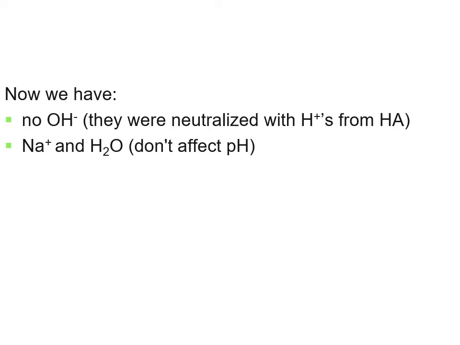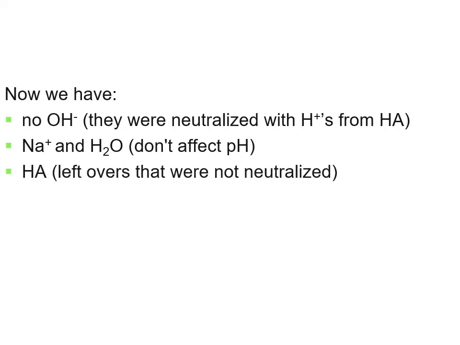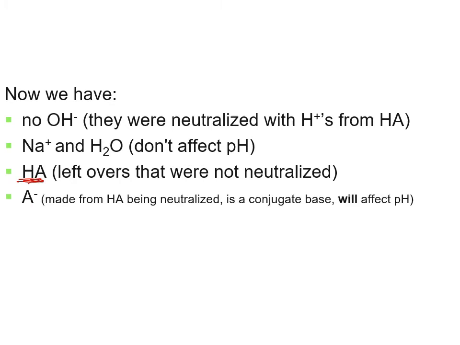We've got water in there, and that's not going to change the pH. The leftover acid, we started off with a certain amount. We used up 3.75 millimoles of it, but we still have some left over, so we've got to figure out what that is, because that's going to come to an equilibrium and affect the pH. And the amount of anions that we have made while dissociating the weak acid, we've got to figure out how many anions we produced, and again, figure out how the equilibrium is going to work with those.